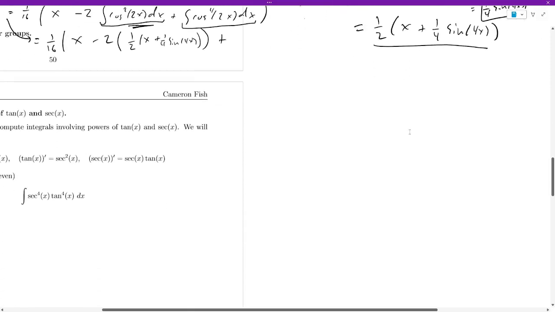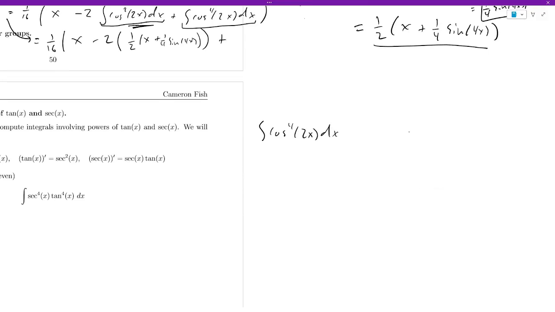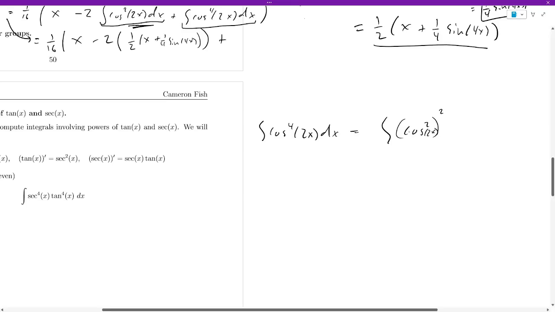So we're going to come down here. We want to do the integral of cosine to the 4th of 2x. And I bet we can see where this is going, right? We have to write it as cosine squared squared. Then I use my double angle identity here. Remember, there's already a 2x in it, so I'll do my replacement.